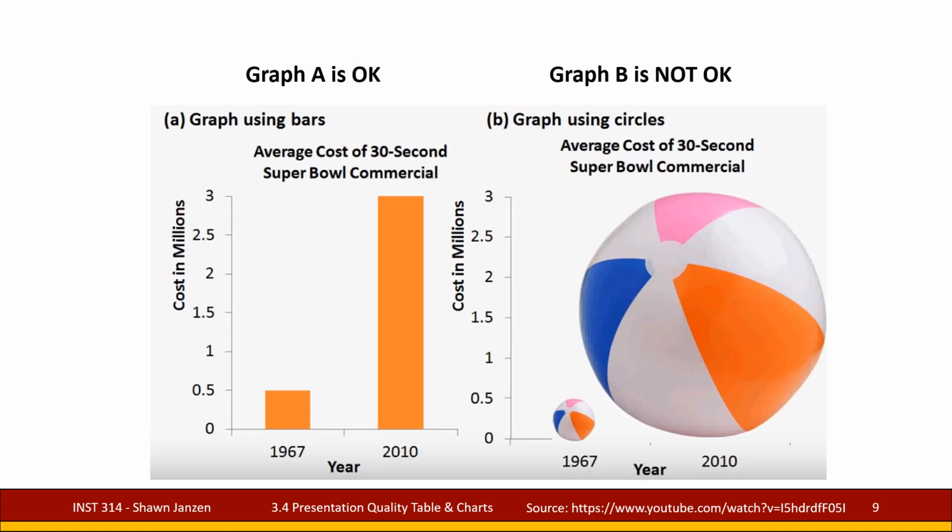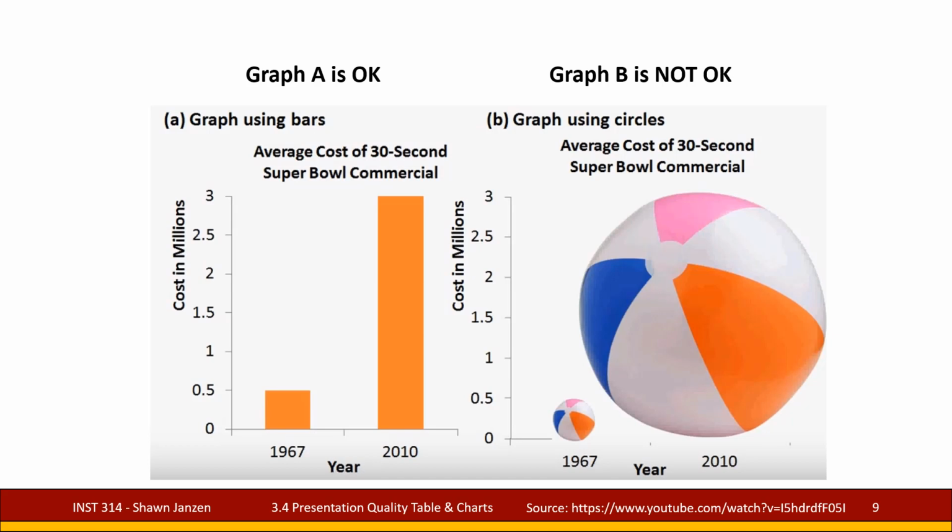But if we look at the one on the right, it's supposed to be the exact same idea. Average cost of a 30-second Super Bowl commercial increasing on the y-axis and costing millions. But they're using an idea of circles to show the magnitudes of increase. If you were to stack beach balls on top of each other, circles stacked on top, you could portray 6 of them stacked up and do a fairly decent job.